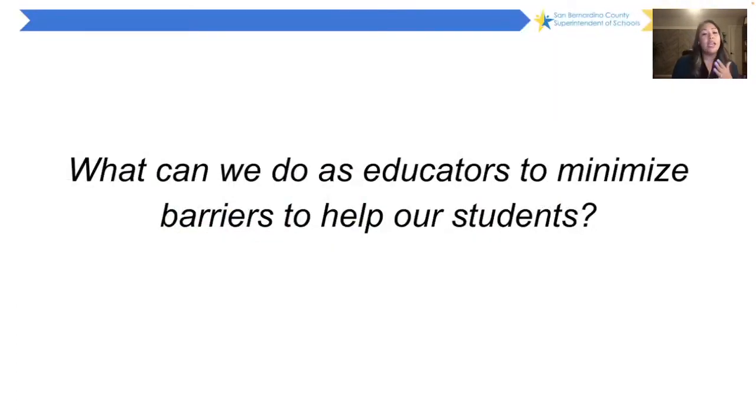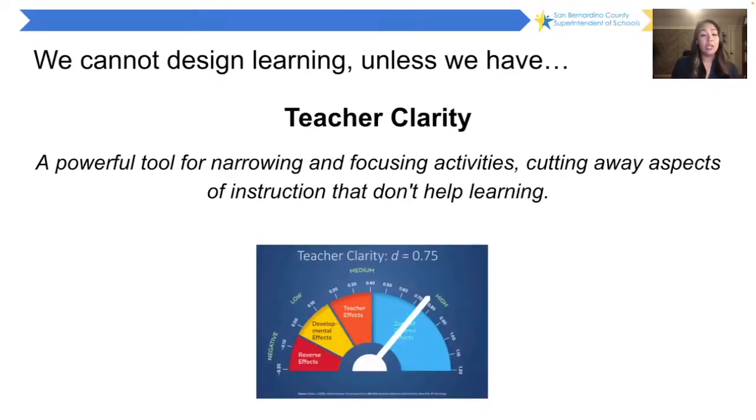When we're thinking about minimizing barriers, we can always ask this question: what can we do to minimize these barriers? To do that, we need a good understanding of teacher clarity. I could do a whole hour talk on teacher clarity and John Hattie's research, but because we're only here for 45 minutes, I'll tell you that teacher clarity is a really powerful tool for narrowing and focusing activities, cutting away aspects of instruction that don't help the learning.